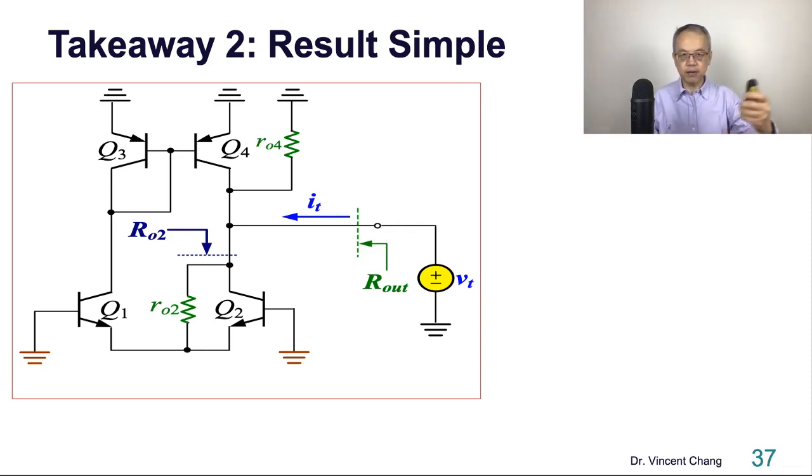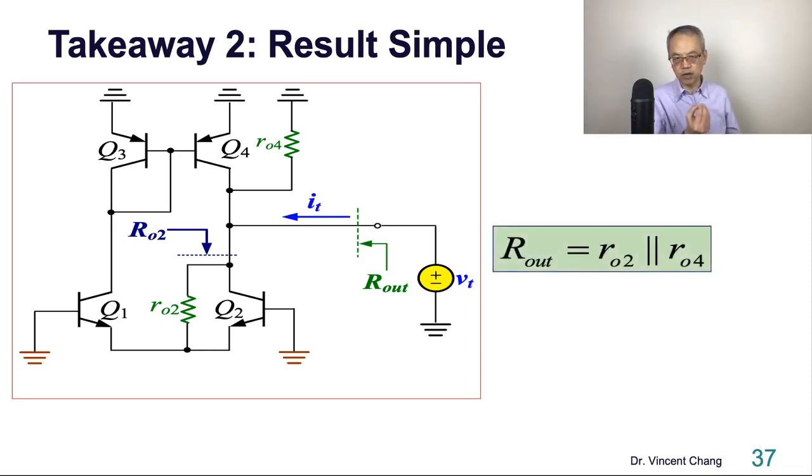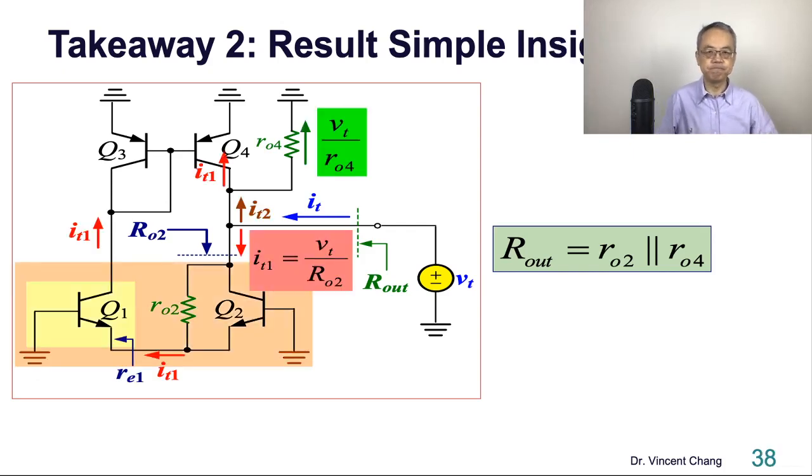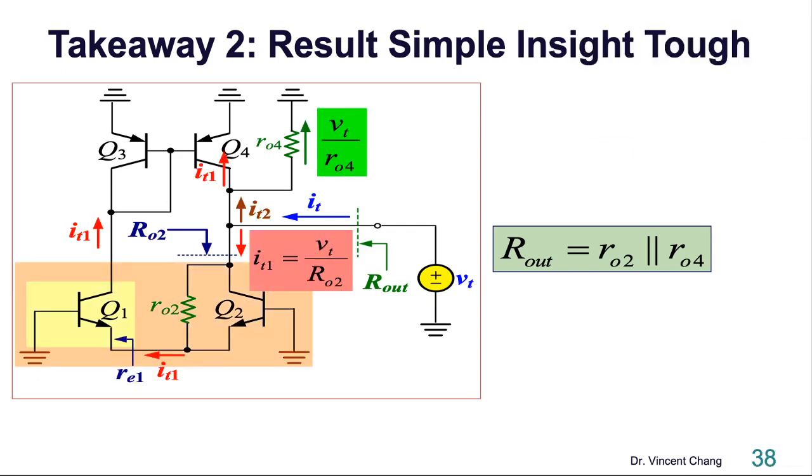The parallel combination between R2 and R4 is the output resistance of the whole active load differential amplifier. But the insight is deep. But the insight is tough. So result simple, insight tough.